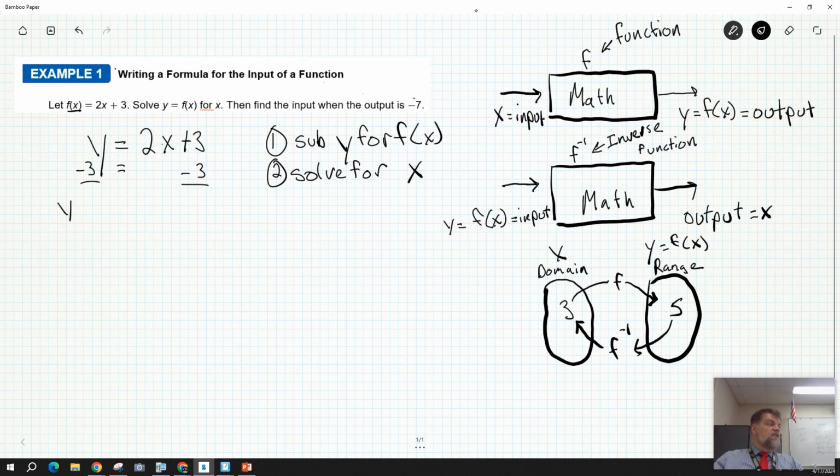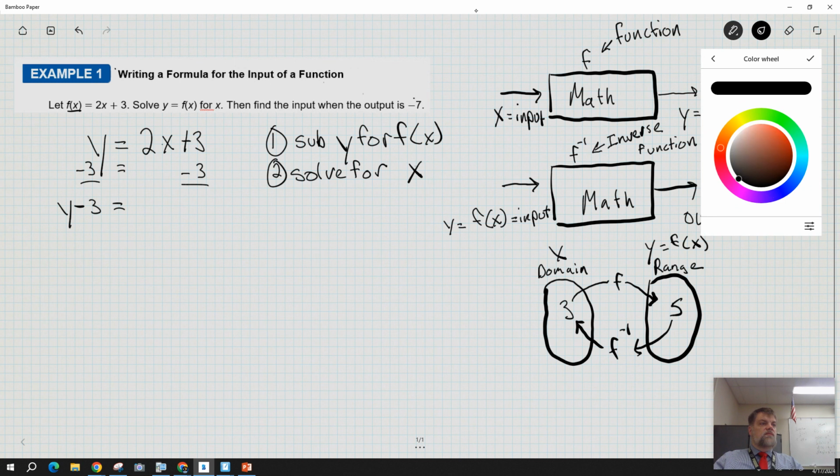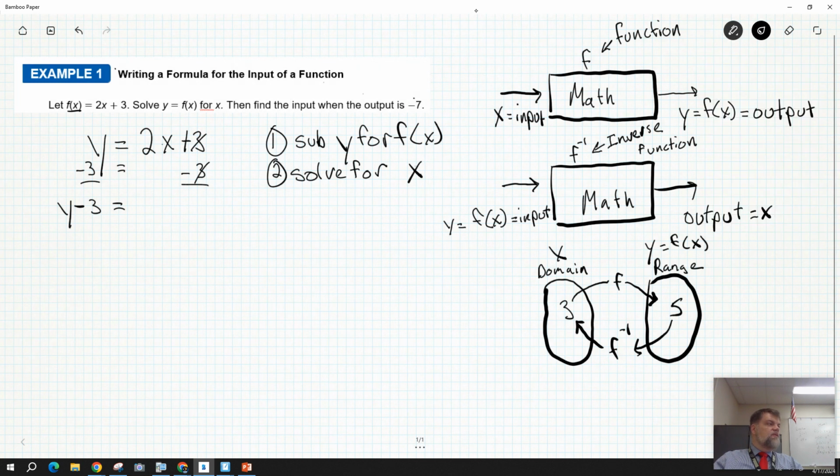I don't know what y is, so we just leave it as y minus 3 is equal to, these two will, 3 minus 3 equals 0, right? 0 plus 2x is just 2x. Then I divide both sides by 2. And I get y minus 3 over 2, because these 2's will cancel. And when I say cancel, 2 divided by 2 is 1. 1 times x is just x. So that's the first part.